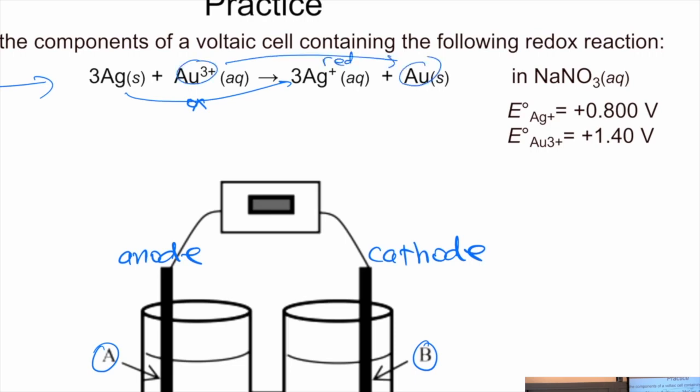As written, let's take a look at what the reduction potentials tell us. When they're both being reduced, which one has the greater reduction potential, the gold or the silver? The gold does. So gold has the largest reduction potential, so this one will be reduced, meaning that this one will be oxidized. That's what we've discovered up here. So in fact, yes, this reaction does run in the direction that it's written in.